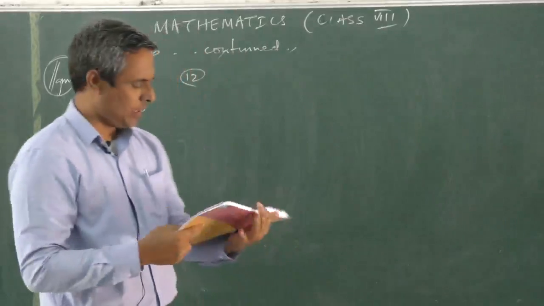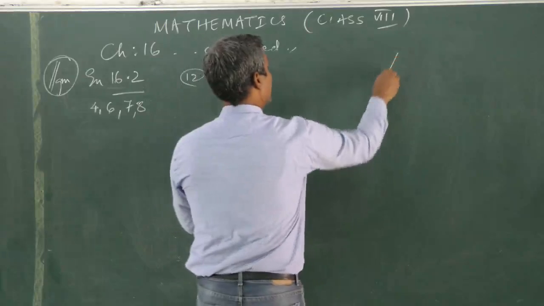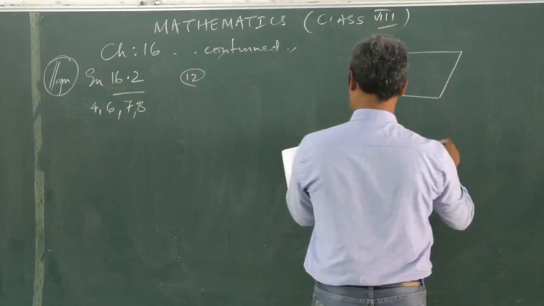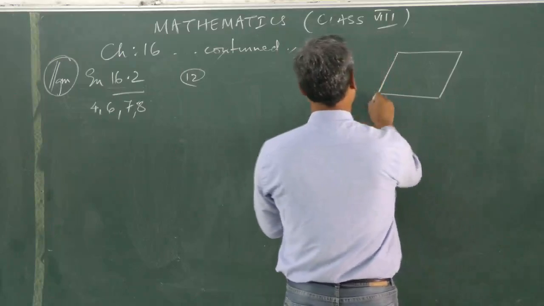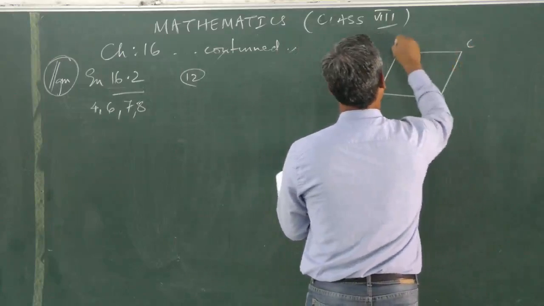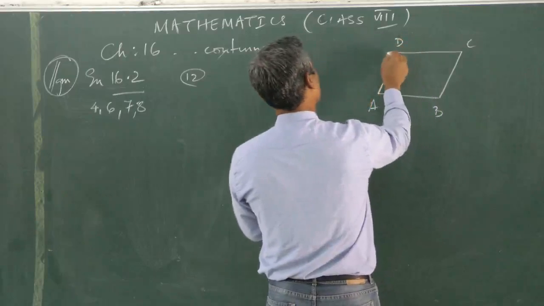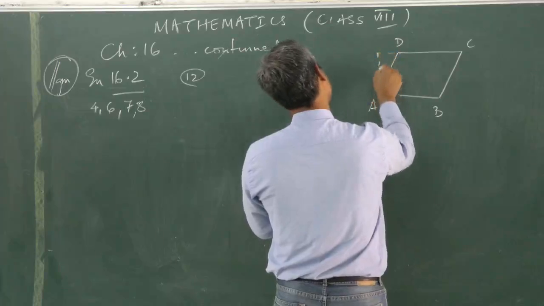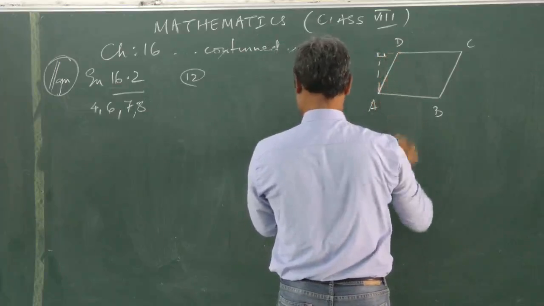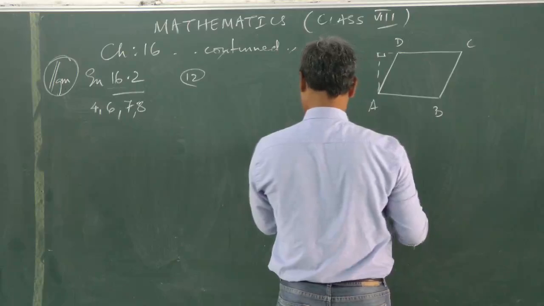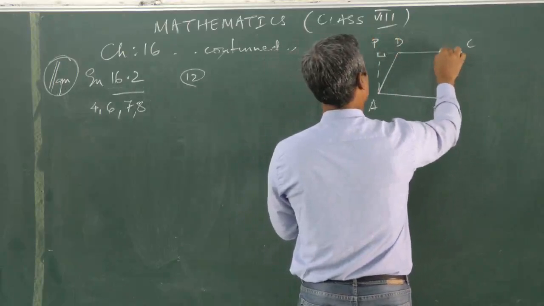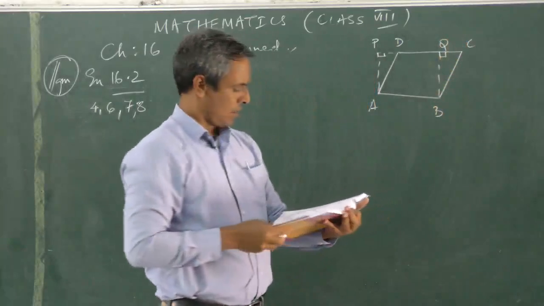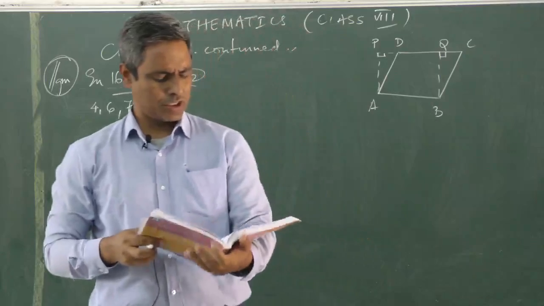From A and B, perpendiculars are drawn, AP and BQ, to meet CD or CD produced.